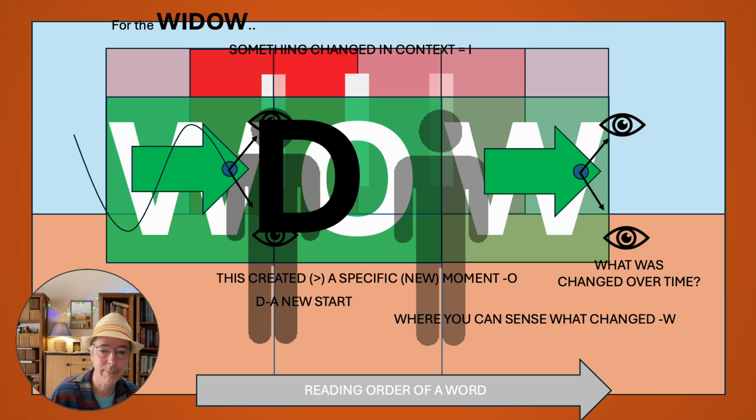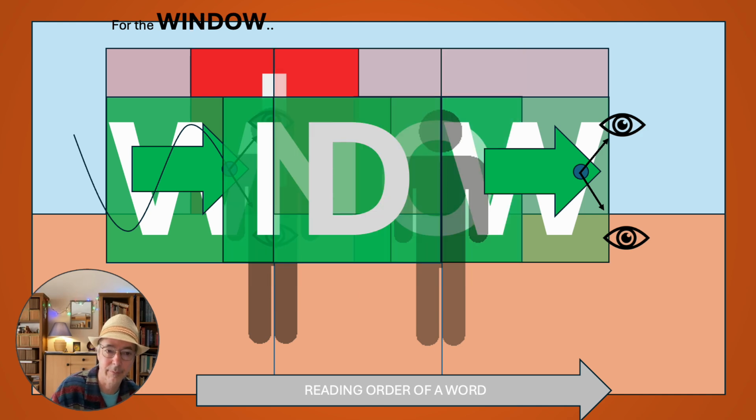We know that already, and this created a new start with D, a new specific moment with O, and at the end you sense what has been changed because of this. So something changed in the situation. It was a limit in the situation, especially for that window. It's a limit in the situation, and you check what really changed.